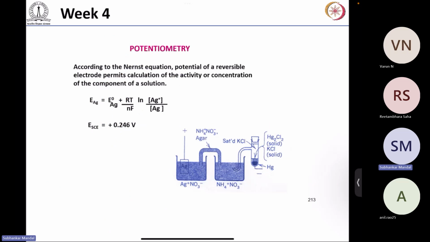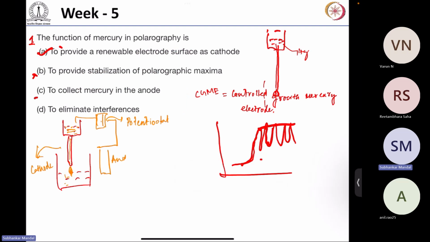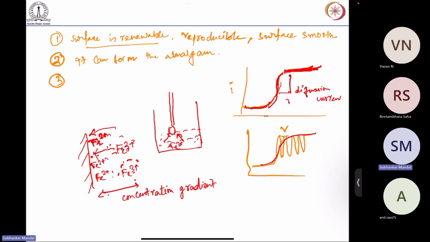Then after week 4 we have discussed potentiometry. Basically it is almost the same, and from there we have discussed the Nernst equation and all these things. After that we have discussed polarography, how the current value reaches a steady state, as a new drop of mercury is forming.